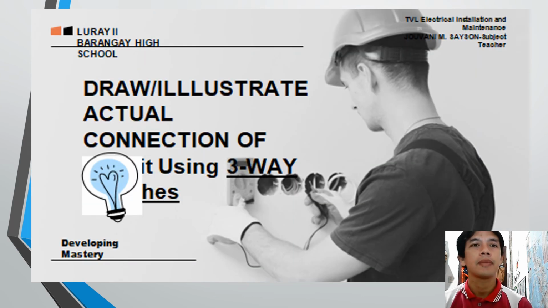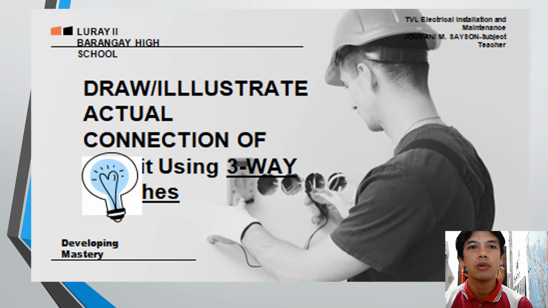So next, this would be our mastery drawing. You can use bond paper. This is our video lesson, and you can submit your output during the retrieval and distribution of modules. I will give points for those submitted on time.